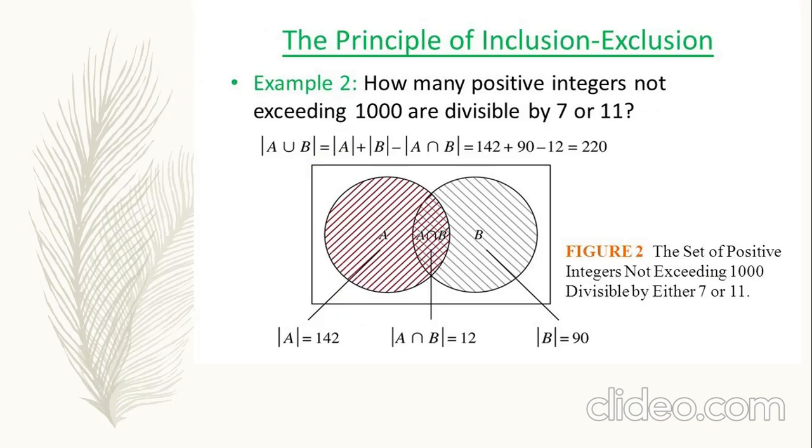Next example. How many positive integers not exceeding 1,000 are divisible by 7 or 11? Okay. If you're going to do it manually, you can. And you can use Microsoft Excel. With Microsoft Excel, you are going to enumerate all of the numbers from 1 up to 1,000.